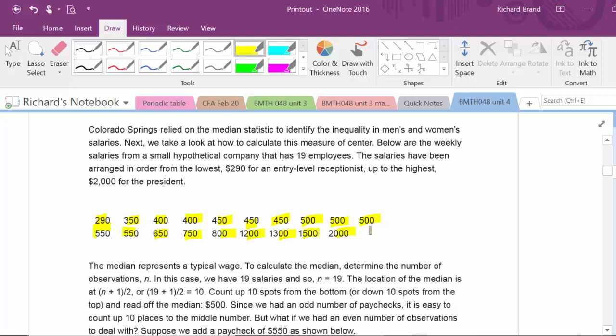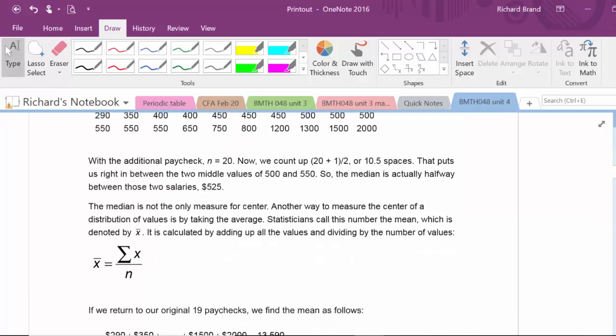You add up all the wages, and then you get some number, and you divide that number by the number of things you've added up. So that's given by this formula.